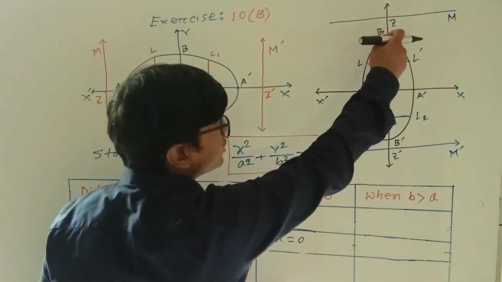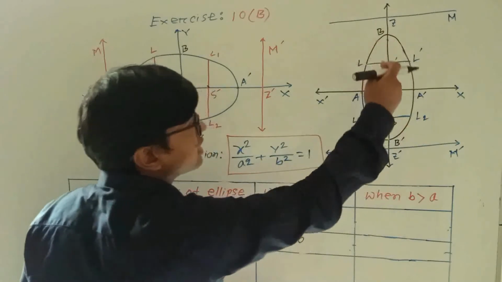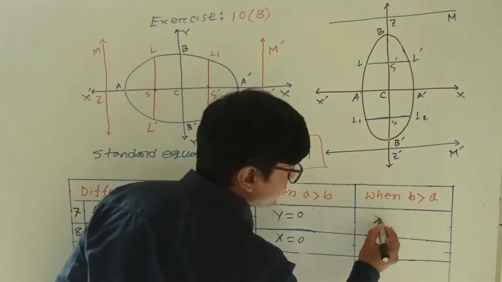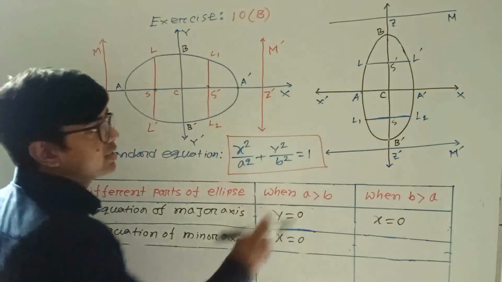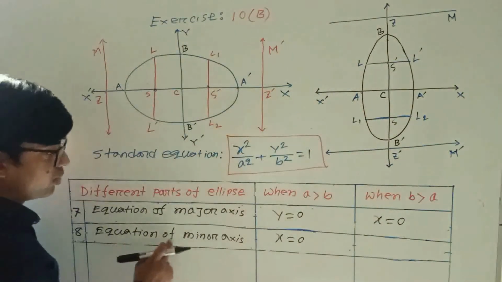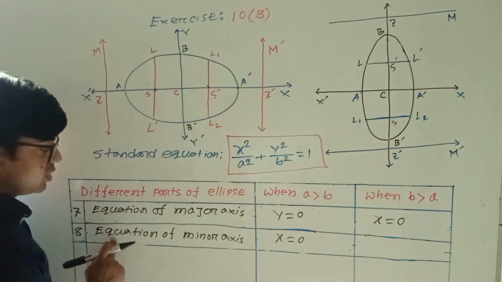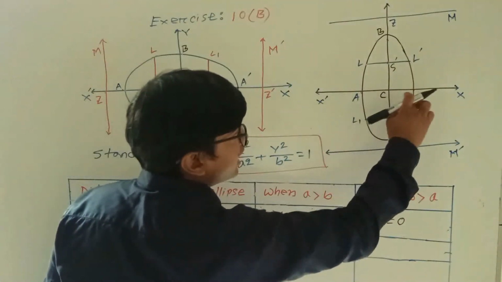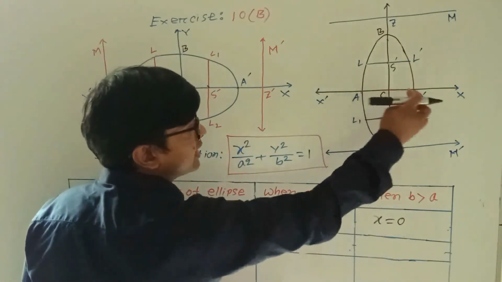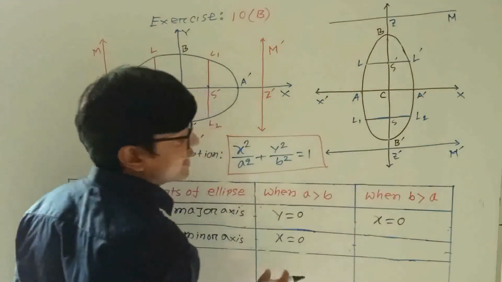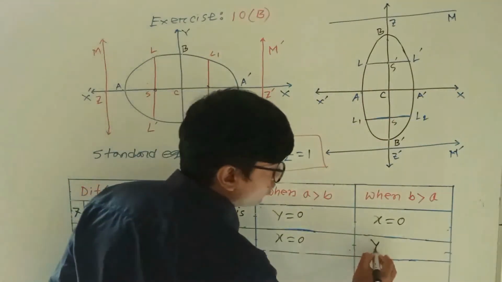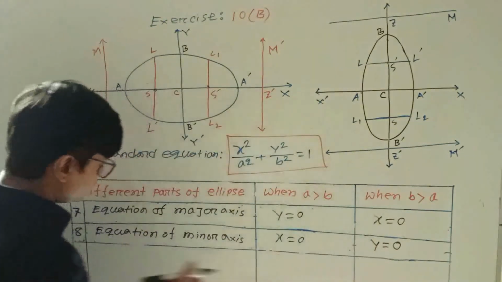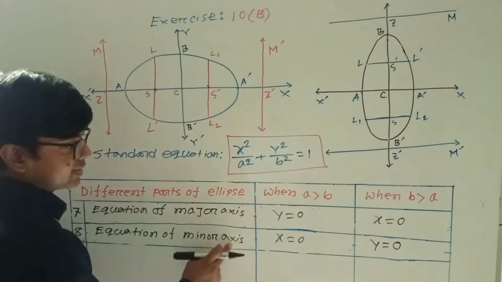Look at this, major axis is B B prime, which is on the y axis, that's why x equals 0. And here equation of minor axis, formula number 8: A A prime is the minor axis, on the x axis, that's why we can write y equals 0. This is the equation of minor axis.